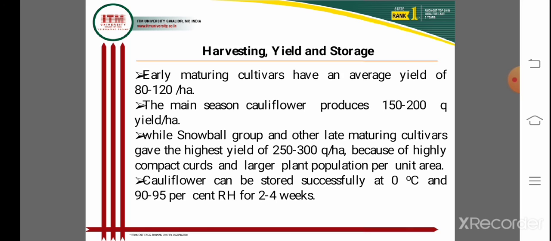Cauliflower can be stored at a temperature of 0 degrees and relative humidity of 90 to 95% for a storage duration of 2 to 4 weeks. So the storage of the cauliflower and harvesting time are very important.